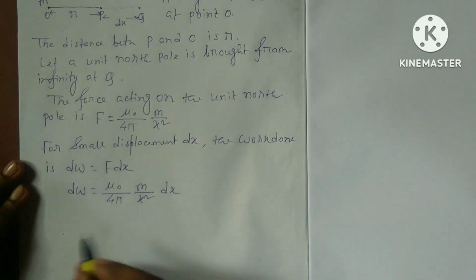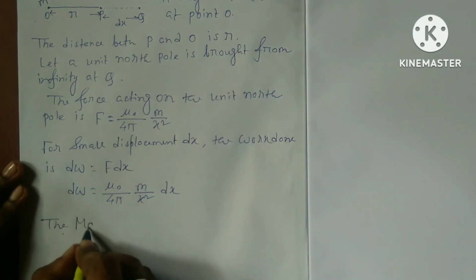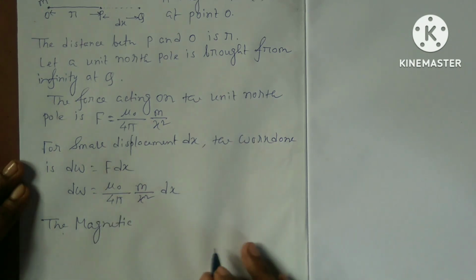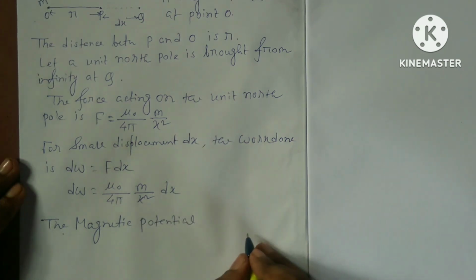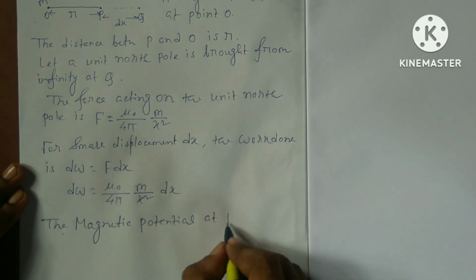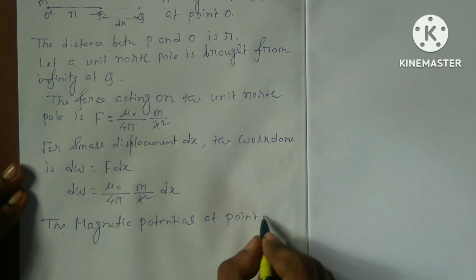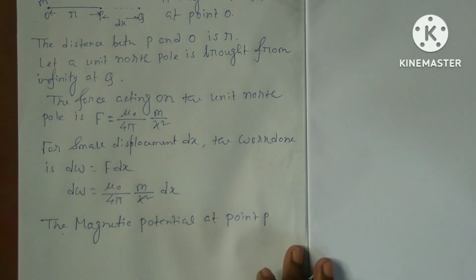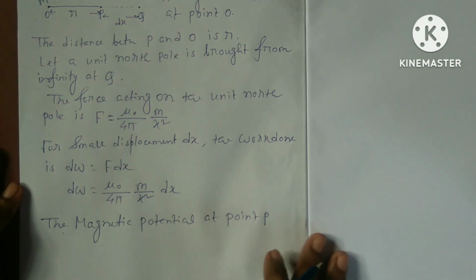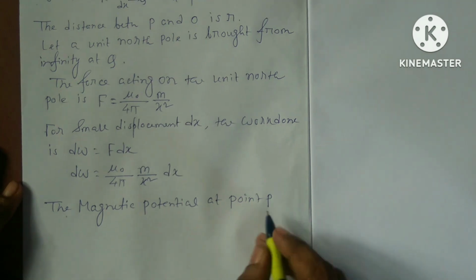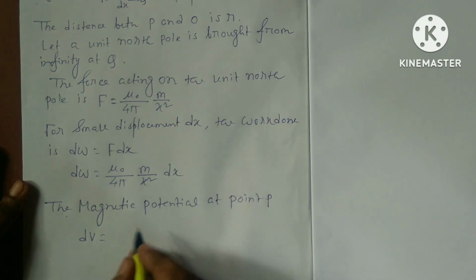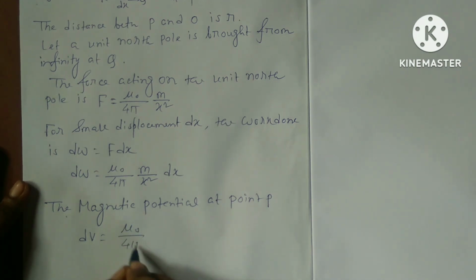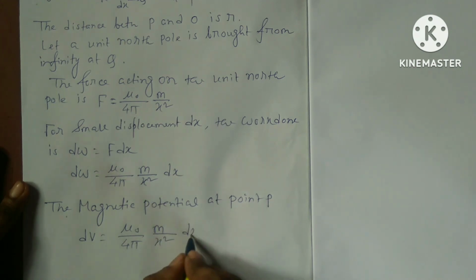So the magnetic pole shows the magnetic potential at point P. Magnetic potential at point P, we can write, is dV equal to mu 0 by 4 pi m by x square into dx.